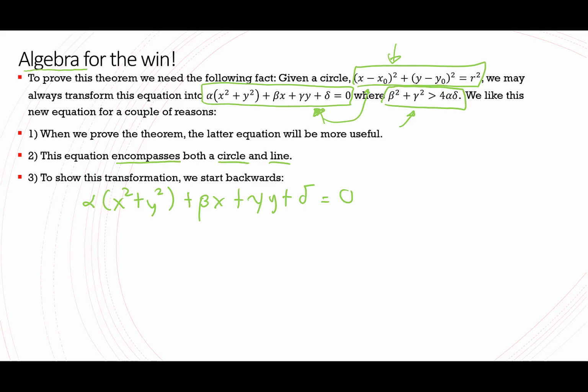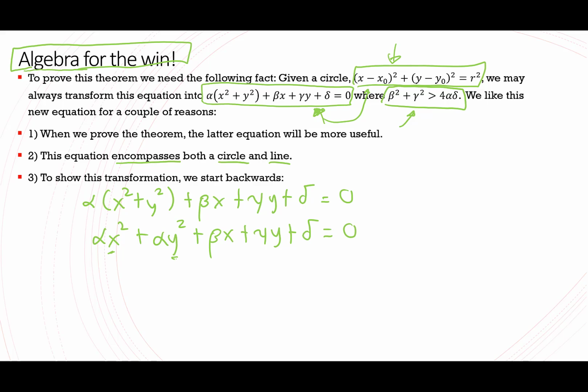Okay, so the first thing we're going to do is distribute alpha. So we get alpha x squared plus alpha y squared plus beta x plus gamma y plus delta is equal to 0. Now, and this is why I call this algebra for the win, we're basically going to complete the square on x and y. Remember, you've seen completing the square back in high school or middle school.